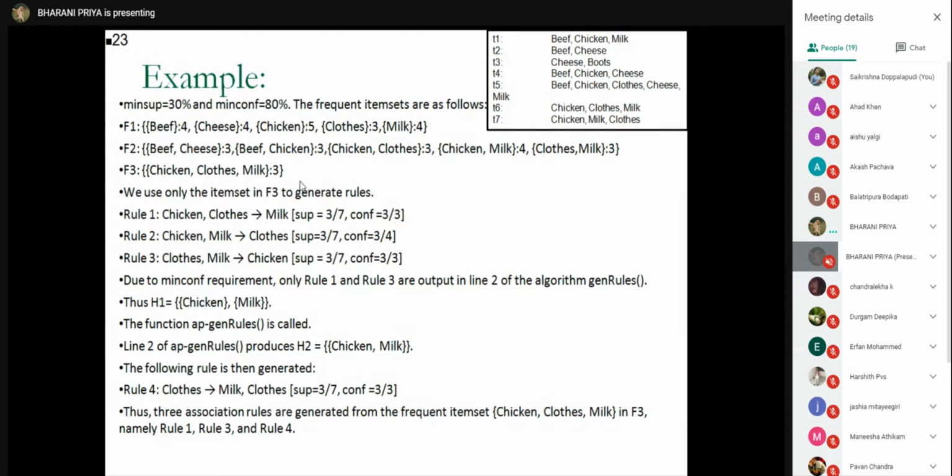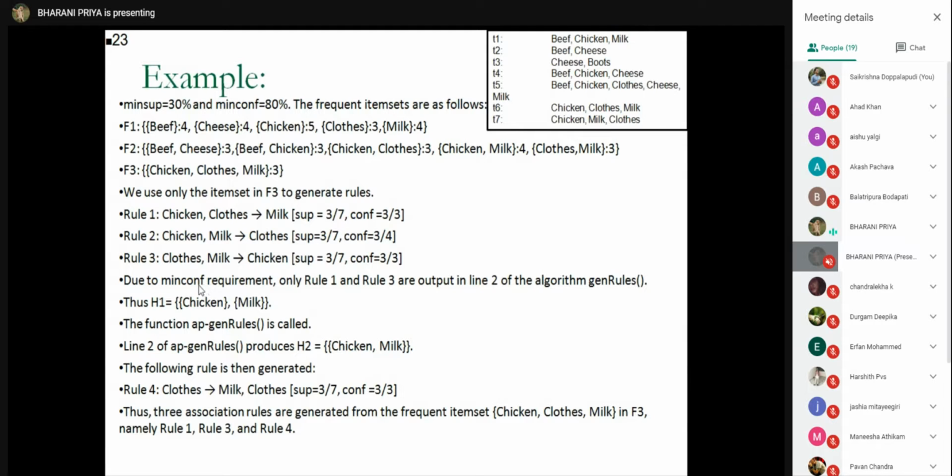Now we have to generate the rules. Generate all the rules with these frequent item sets: chicken and clothes, chicken and milk, clothes and milk. All the three sets we have taken, and the remaining is the subset. The support is 3 by 7, confidence is 3 by 3.